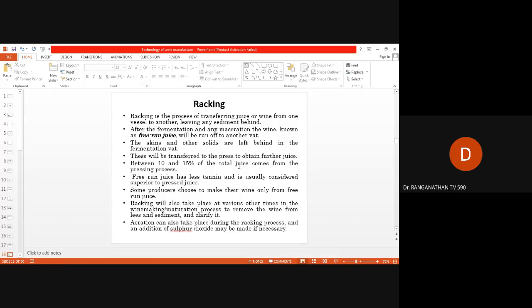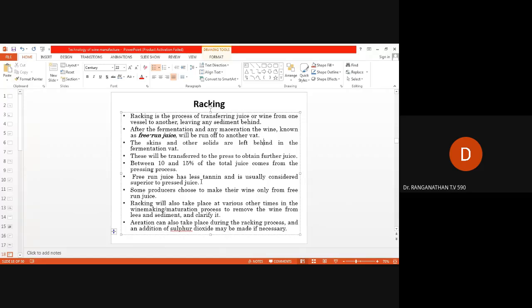The free run juice is removed from the vat, though the skin and other solids are left behind. These should be transferred to the press to obtain further juice. First, whatever liquid is possible is drained out. Now, the remaining skin and other things will still have some amount of liquid.